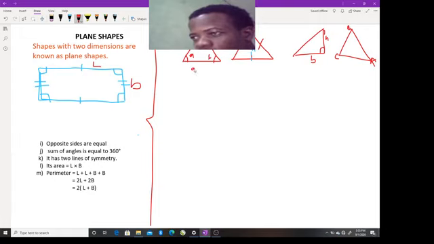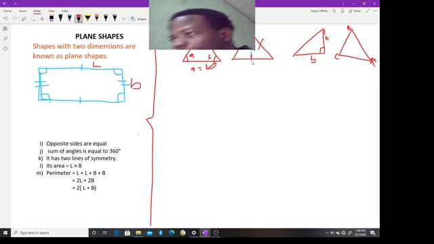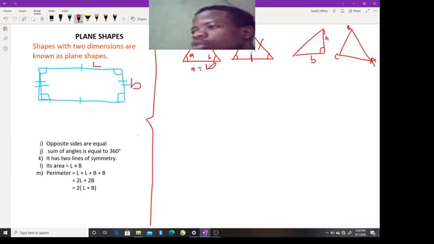So your A will be equal to your B. And for the equilateral triangle, these angles are all equal, so each will be 60. If I have 2 here, I have 2 here, this one too will be 2, in meters or centimeters or millimeters or any other units that you are measuring with.